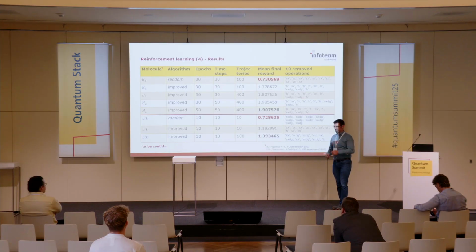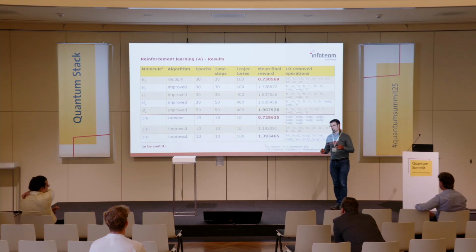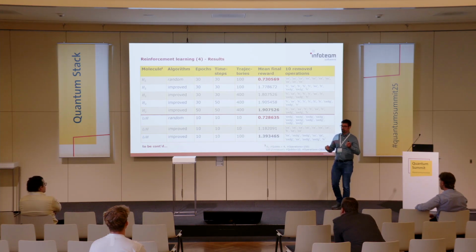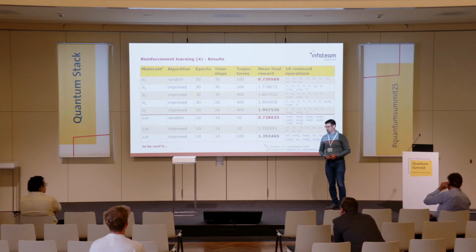So we explored more into the improved versions. And we see for H2 we managed to have a good result. We have a mean final reward of 1.9. So we have less deviation of the exact ground state to the resulting ground state, and we also get the reward for exchanging the gates.